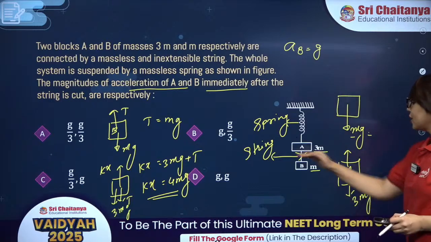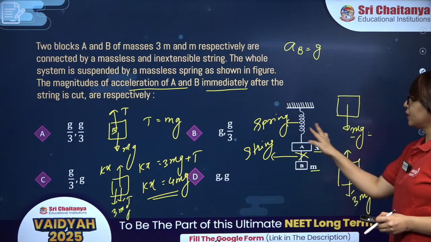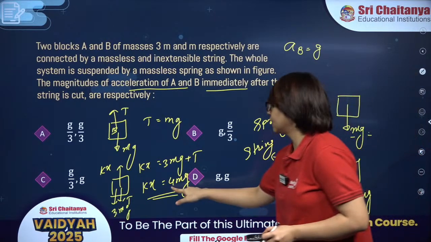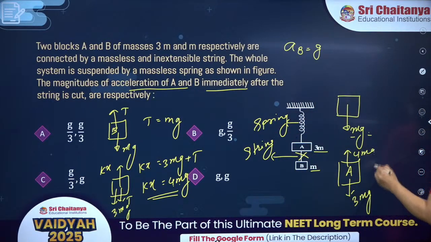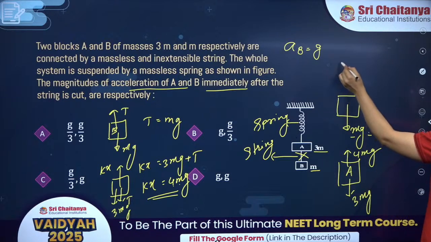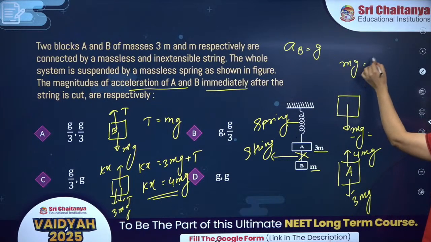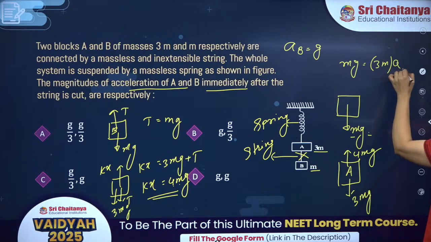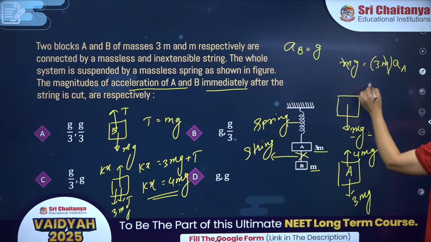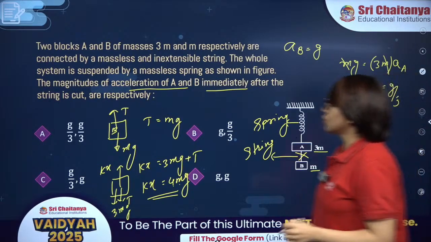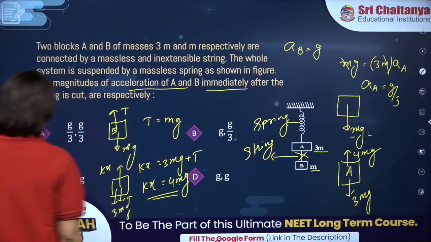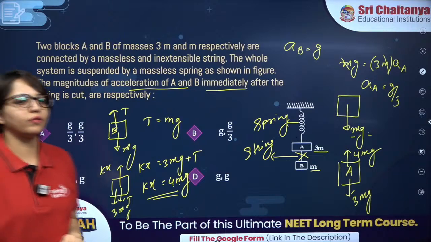So of course, just after cutting the string, the spring will still exert force 4mg in the upward direction. So for A, the net force is 4mg minus 3mg, which is mg, and it should be equal to mass of A into acceleration of A. So m cancels, so acceleration of A will be g by 3. So acceleration of A is g by 3 and acceleration of B is g, which is option C over here.